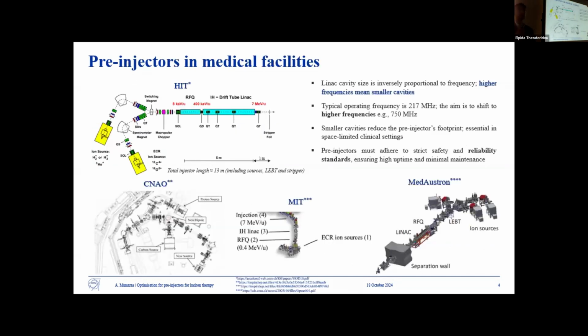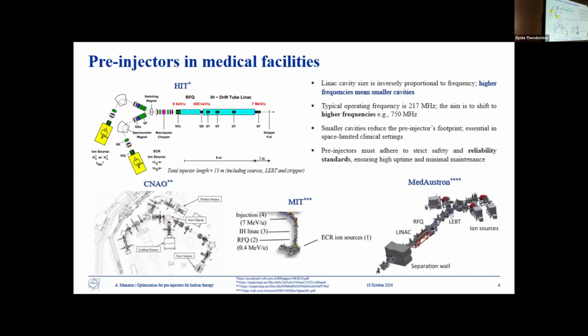All right, so in this slide, I would like to present the pre-injector layout that is shared among 4 common, well-known European therapy facilities that operate with carbon ions. They have been mentioned quite a lot today. Namely, 2 in Germany, Heidelberg and Marburg, 1 in CNAO in Pavia in Italy, and 1 in Austria, MedAustron in Vienna.